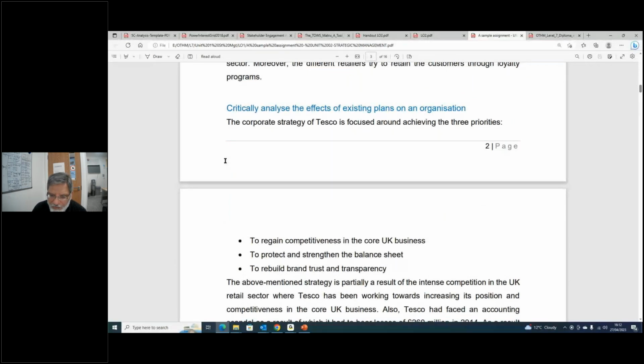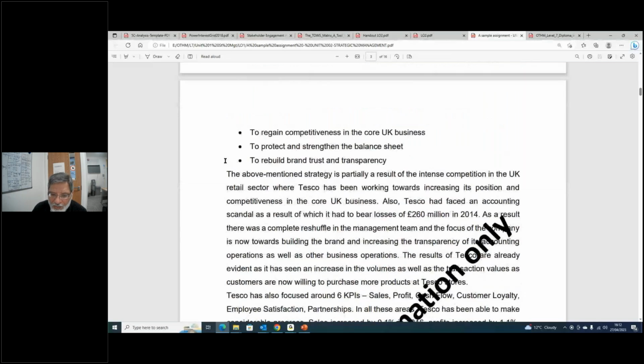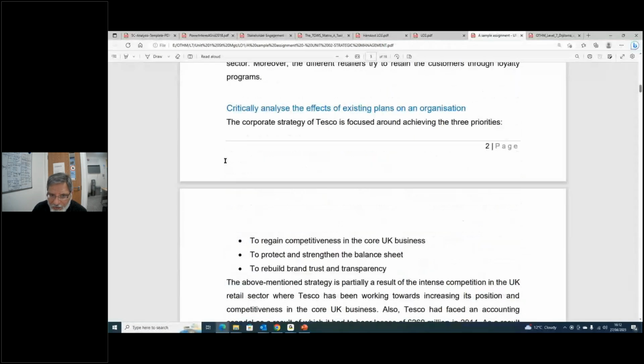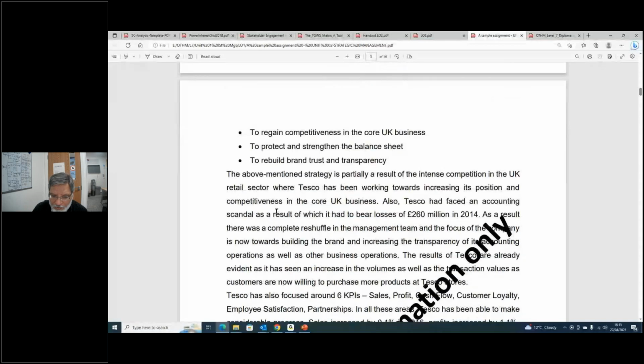Then you look at the second assessment criteria, analyze the effect of existing plans. So you look at the current plans of the company and where they're going now, so you can evaluate and analyze that. Looking at the corporate strategy of Tesco, you can pick up how far the competitiveness goes, what's the strength, how they are going to rely on building the trust of their customers, and what they're going to do.